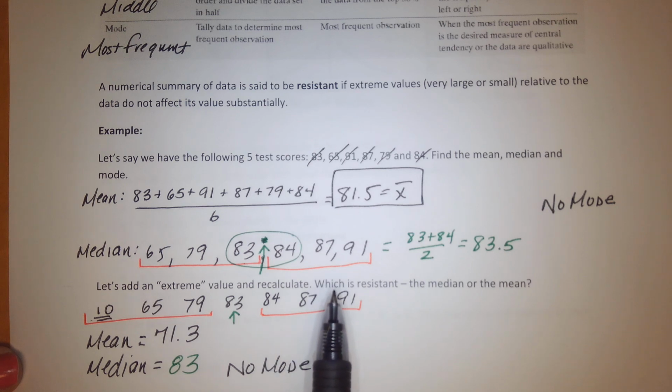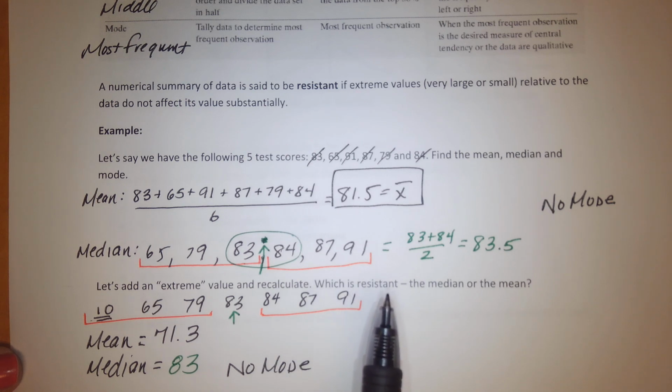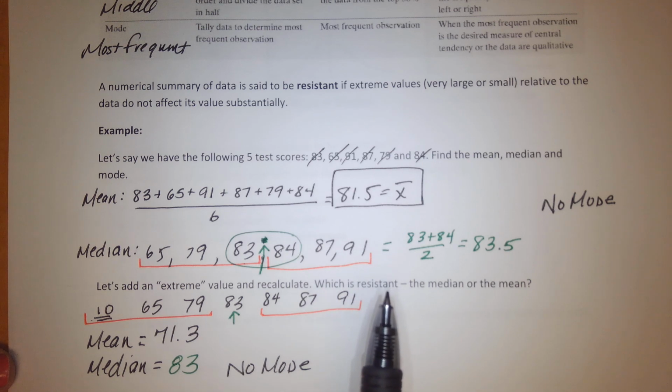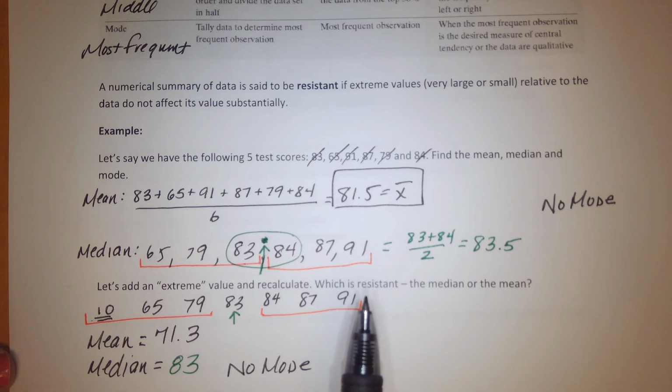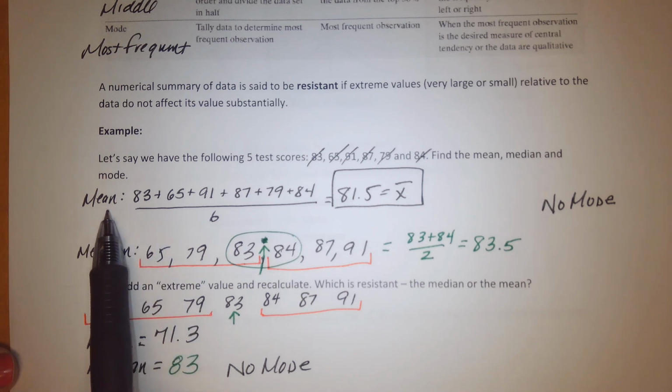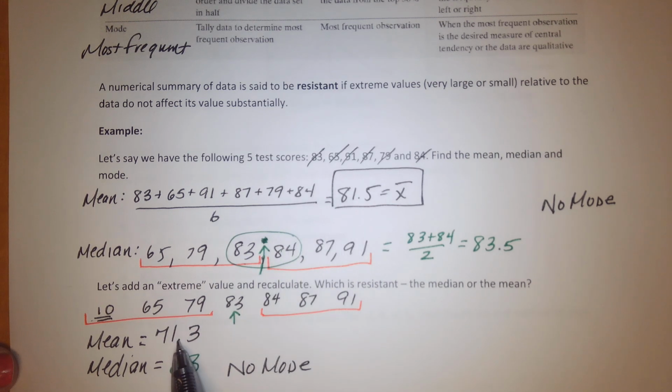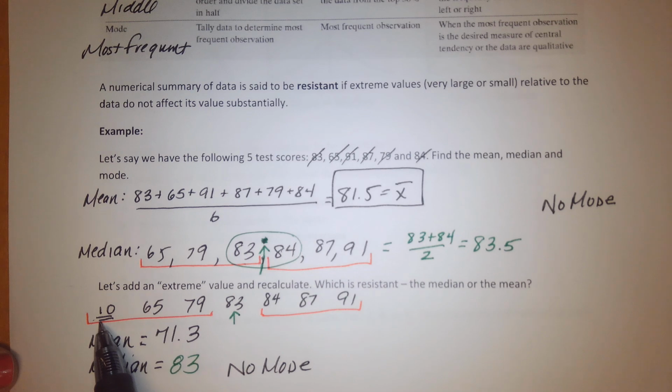So the question says, which is more resistant, the median or the mean? Resistant means resistant to change. In other words, which of these 2 values did not change that much? The mean changed from 81.5 down to 71.3. So it went down a whole 10 numbers or integers based on adding this extra value.